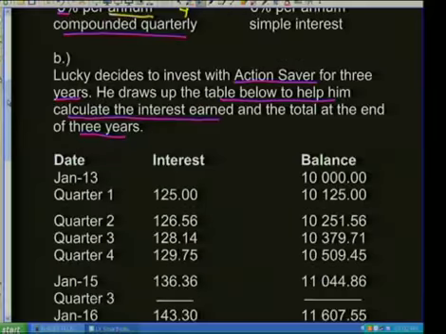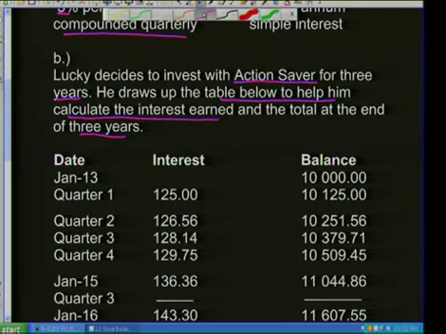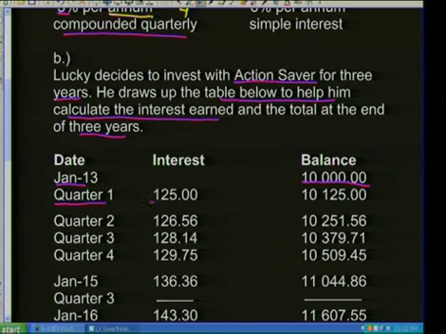Let's look at the calculations that Lucky did. First thing that Lucky did is he started on January 13th with 10,000 Rand in the bank account. Then in the first quarter, he's worked out the interest at 125 Rand. So how did he get that 125 Rand? Let's just do this calculation quickly. He took the amount that was in the bank account, our 10,000 Rand, and multiplied it by the 5% divided by 4.